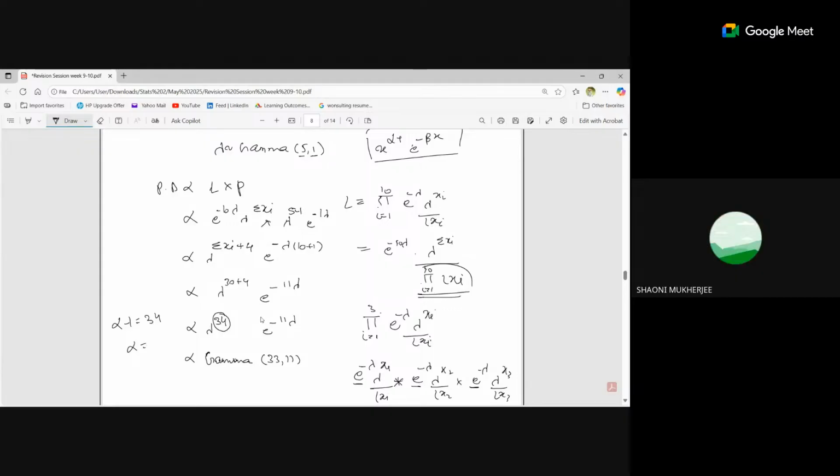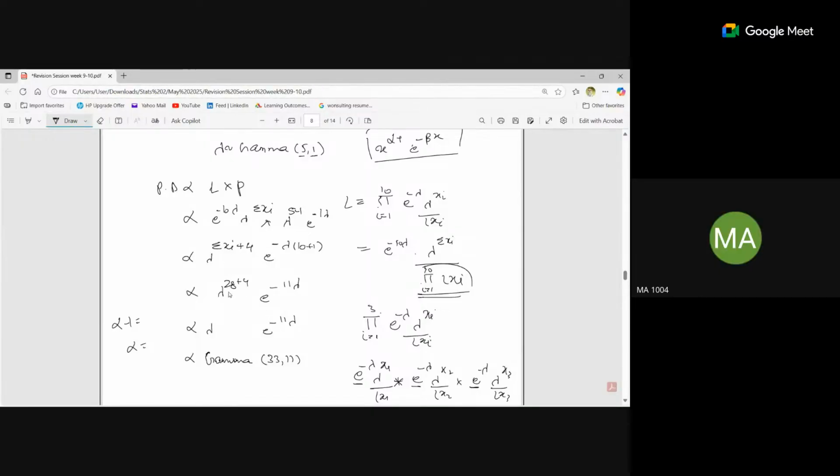Ma'am, I think x to the power alpha minus 1, and I got sigma xi to be 28. Yes, the summation is 28. No, it's 28, I have not calculated it otherwise.